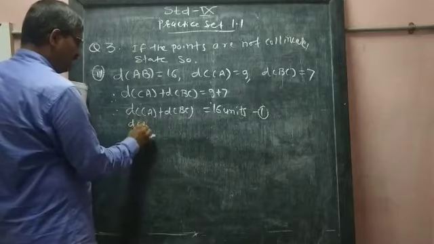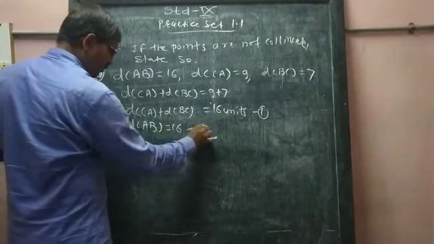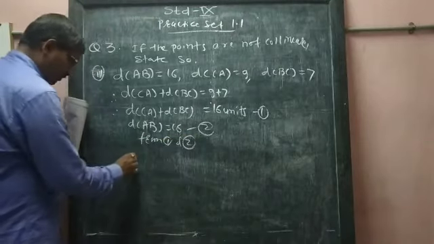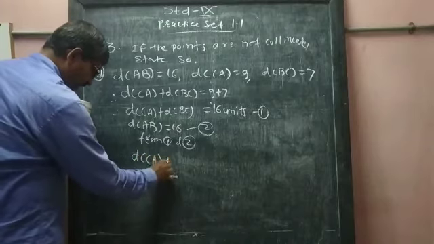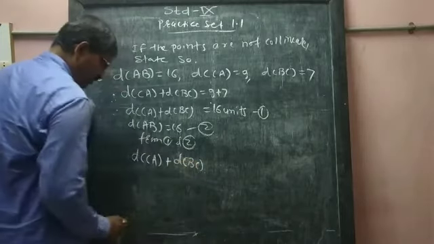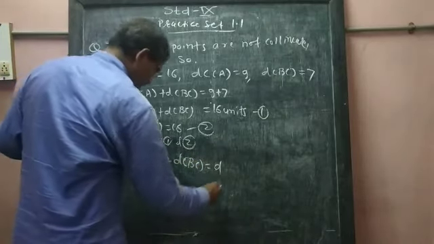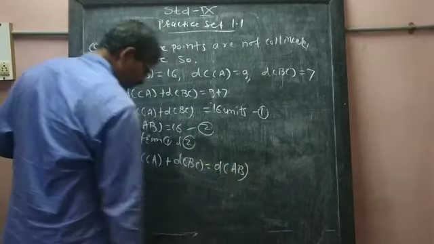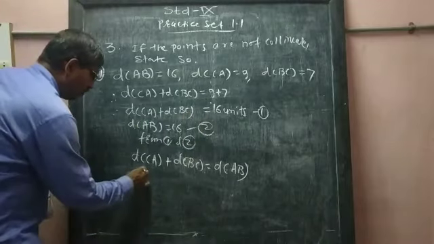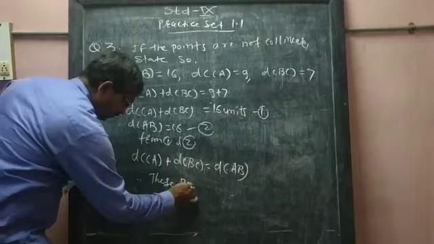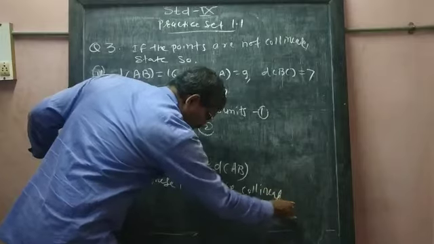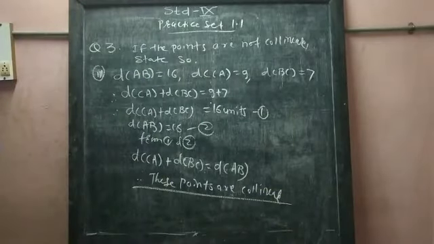And distance AB is equal to 16, number 2. What do you understand from 1 and 2? From 1 and 2, distance CA plus distance BC is equal to distance AB. Both are equal, 16 is equal to 16. Therefore, these points are collinear. Underline the answer. Your answer is complete.